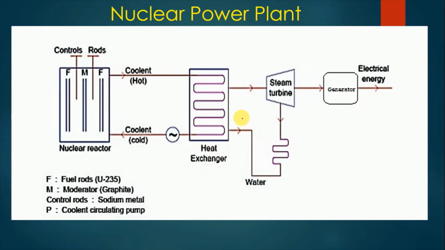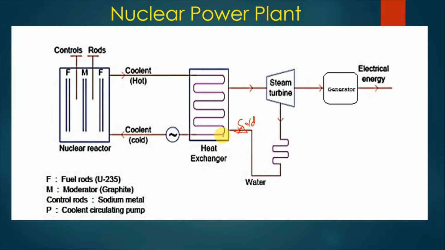Heat exchanger. In the heat exchanger, here the arrow is something like this. With this we are giving cold water as inlet. This cold water will come in contact with this tube which we are observing. Inside the tube there will be heated fluid which is coming from a nuclear reactor. So heated fluid is passing through this tube, and outside of the tube we have the cold water.